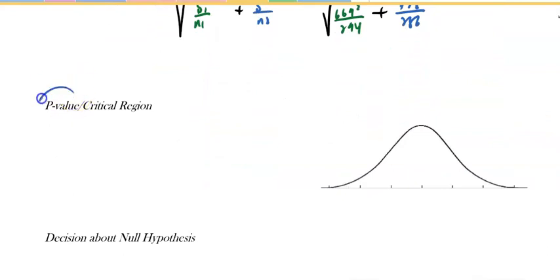Now, to use the p-value, I'm going to try to figure out what is the probability that t is greater than 2.17.